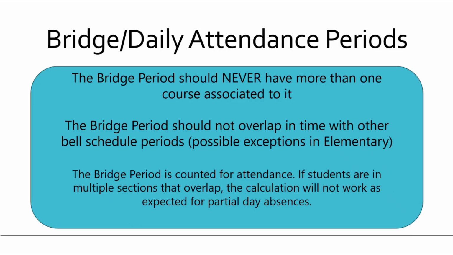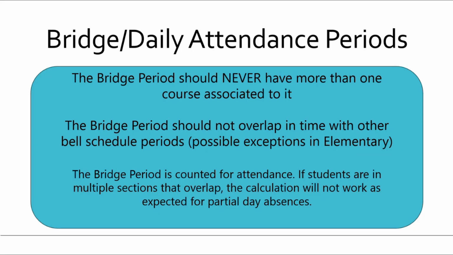This is a biggie, and one where we've seen more than one issue with calculating partial day attendance due to this setup in the Bell schedule. It has to do with the bridge period, the courses associated with it, and the bridge period overlapping with other periods. The first point is that the bridge period or daily attendance period should never have more than one course associated to it.